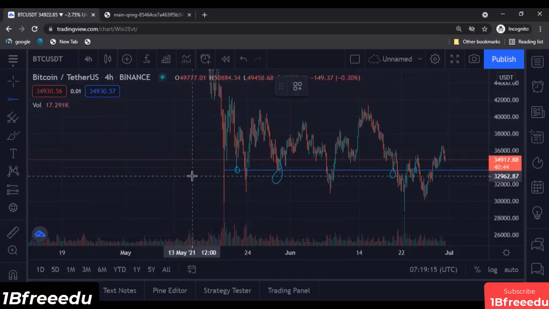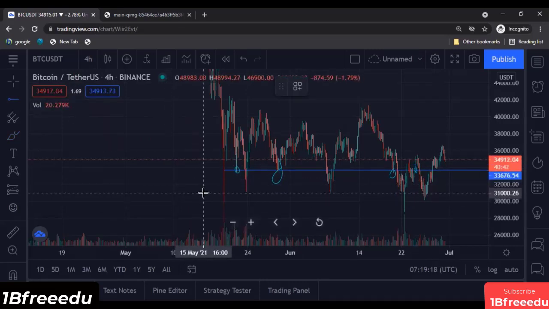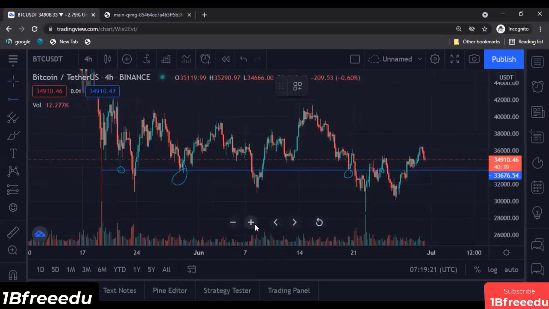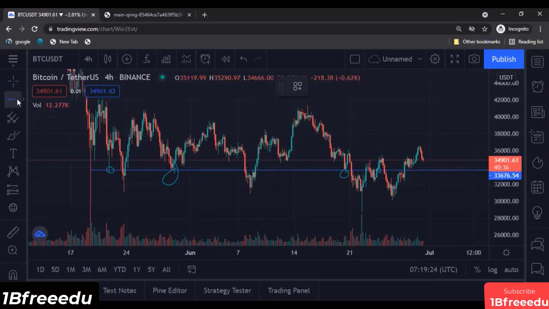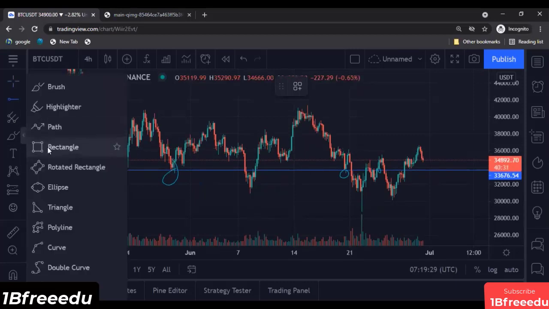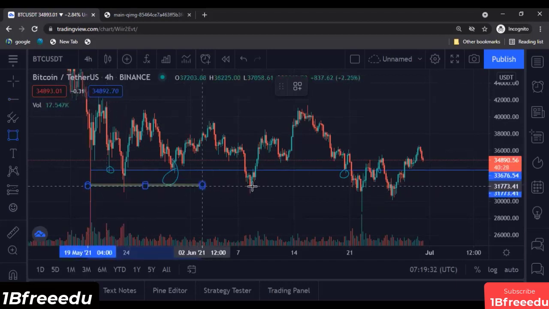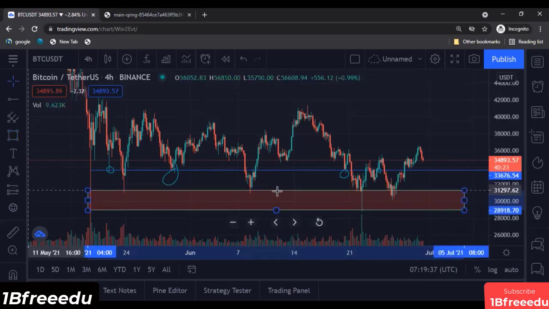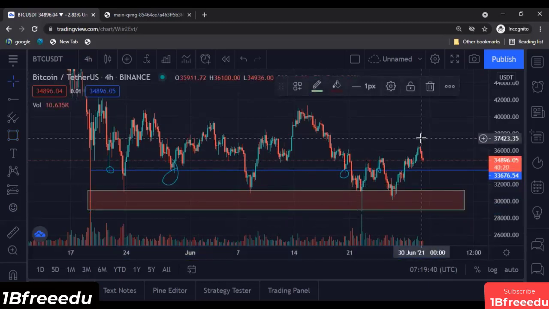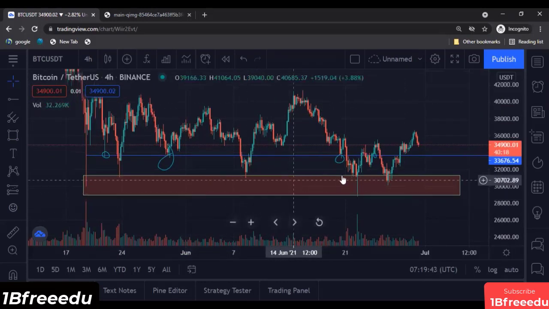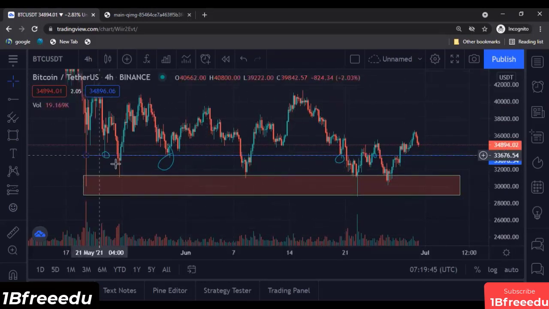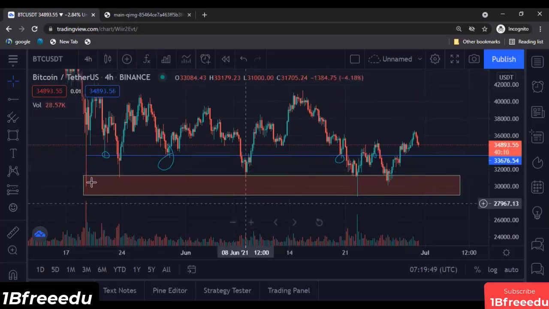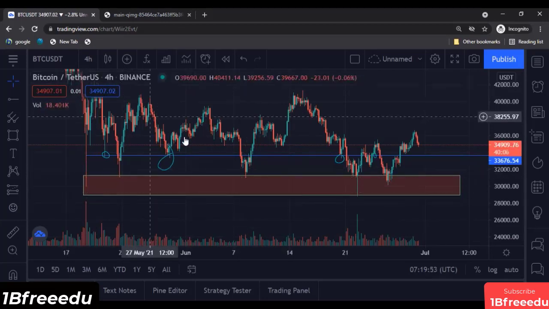And similarly, we can draw another support line showing this area. So basically, it is not necessarily a single price. It can be a region as well without much difference. For example, I'll show you. So as we can see here, this region can also be called the support, because whenever the price has touched this region, it has always bounced back.